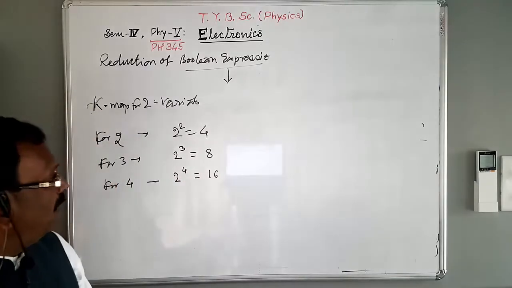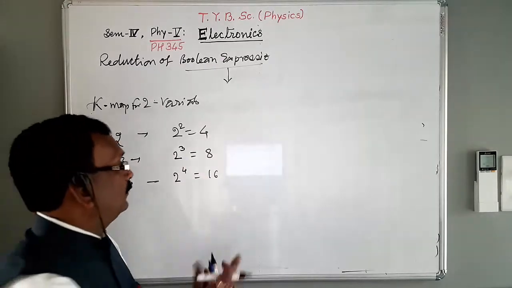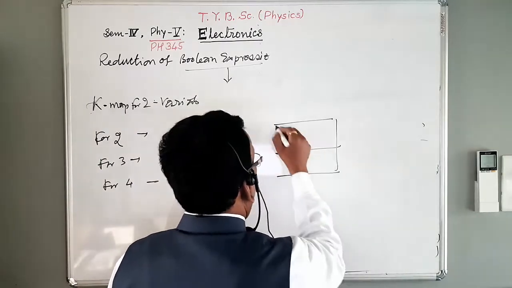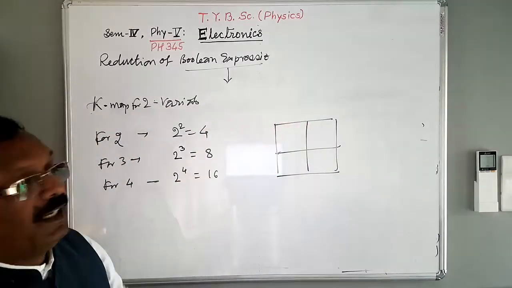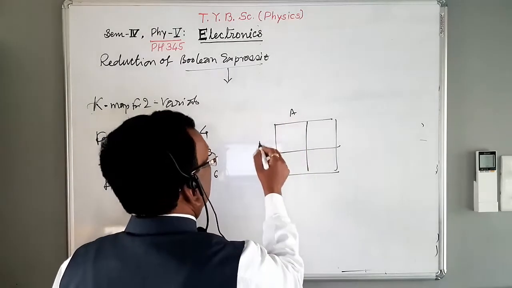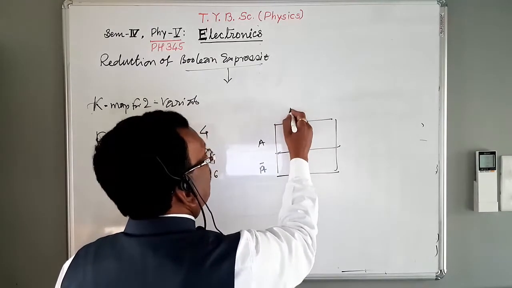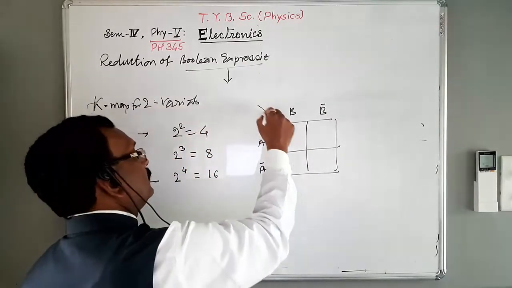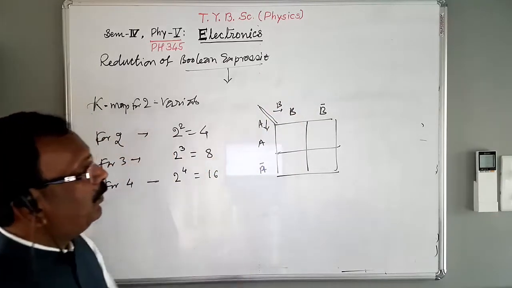Here the number of cells of the K-map is very interesting. These are the cells of the K-map for 2 variables, with A and A bar, B and B bar. Here is A and here is B. This is the K-map for 2 variables.